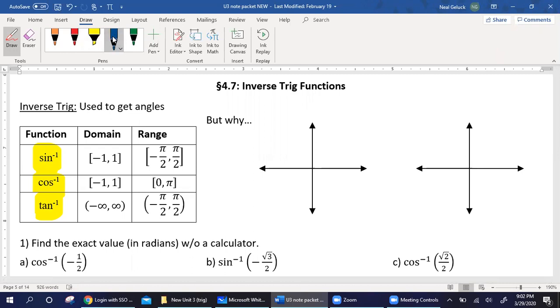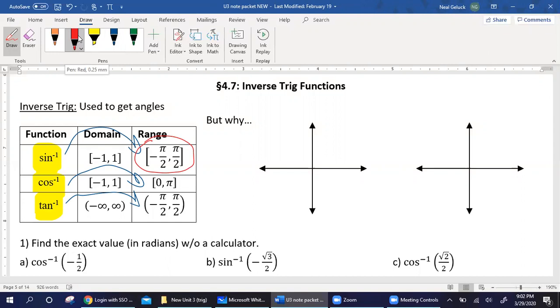Now, when we're doing inverse trig without a calculator, which is our goal today, we have to be very aware of the range of our inverse trig functions. What the range is telling me is what I am allowed to put as an answer. If I'm doing an inverse sine problem, my answers can only lie between -π/2 and π/2.